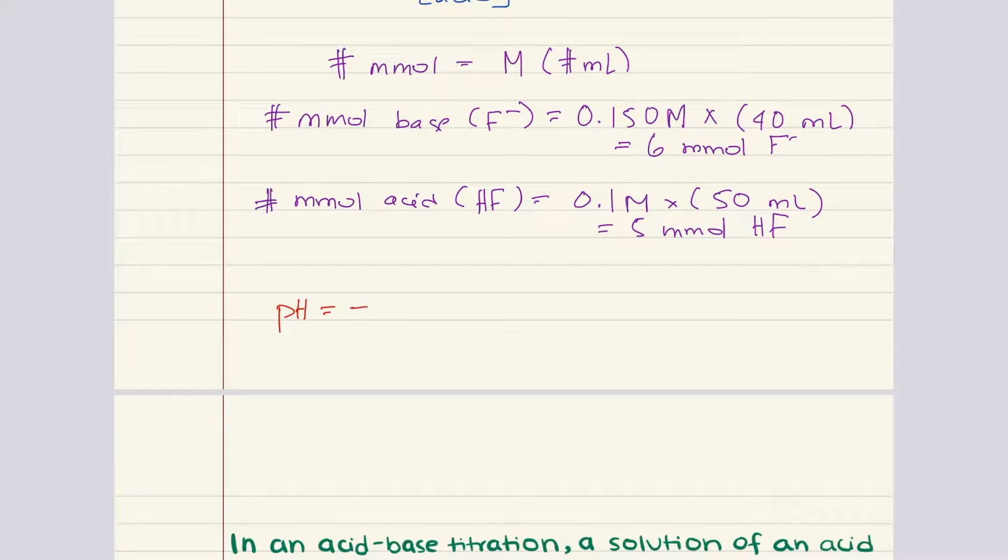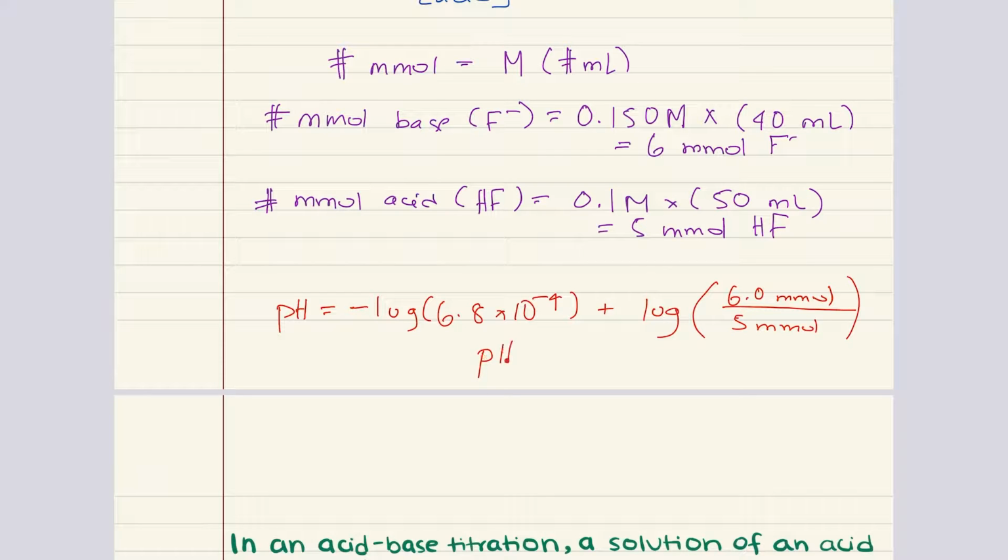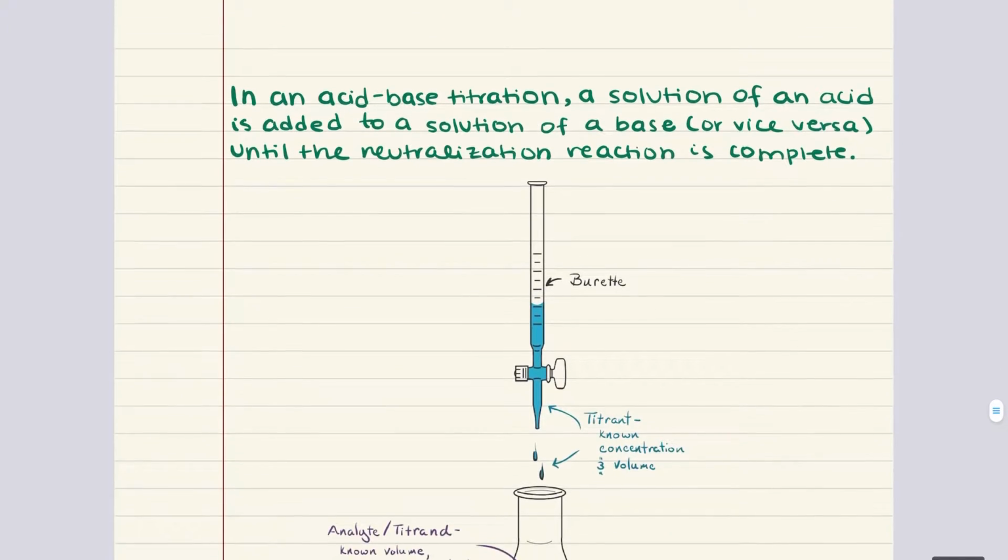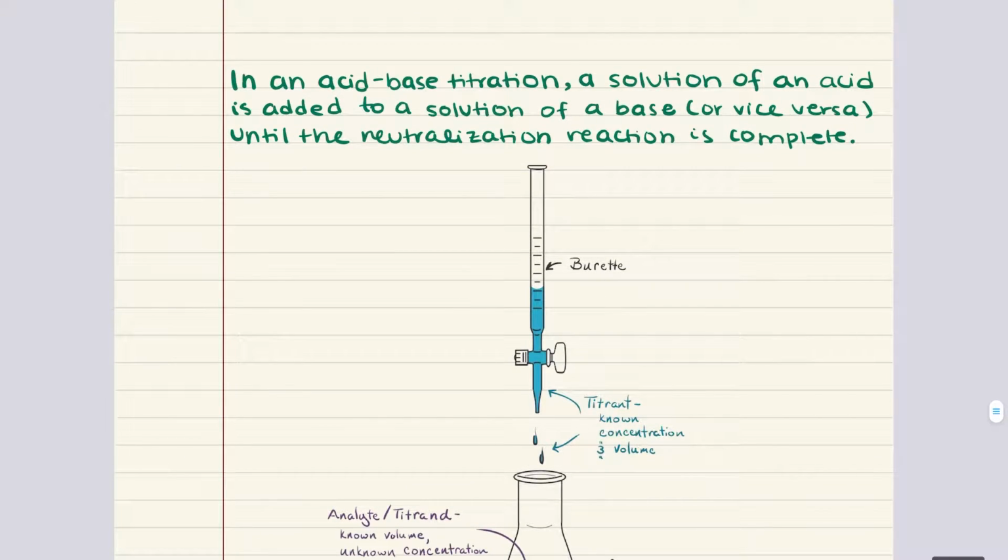It is going to be the negative log of Ka, 6.8 times 10 to the negative 4, plus the log of our moles of base, 6 millimoles, divided by the number of millimoles of our acid, which is 5 millimoles. If we plug this into a calculator, we're going to get that our pH is equal to 3.25. And with that, we've solved this problem. And now we can move into discussing titrations.